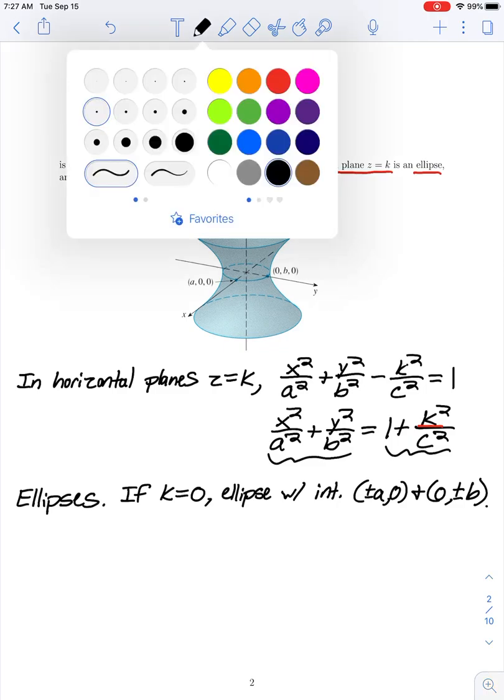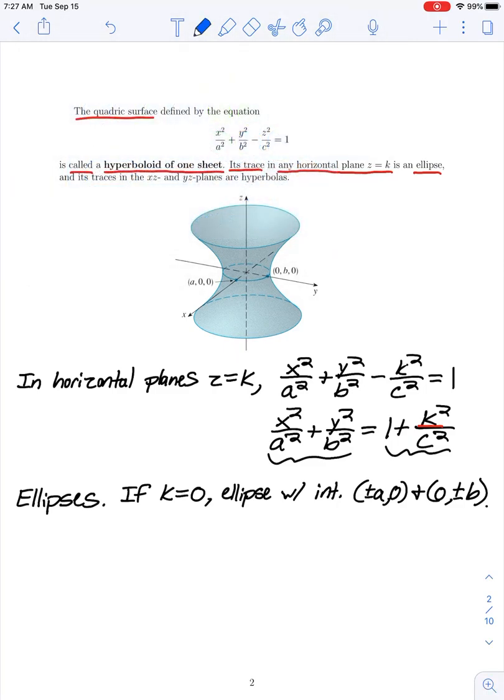So if we visualize this, we would have our x-intercepts in the xy plane being plus or minus a, 0, and our y-intercepts being plus or minus b. So we would have this ellipse shown here.